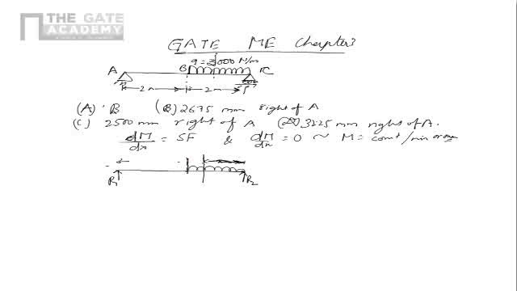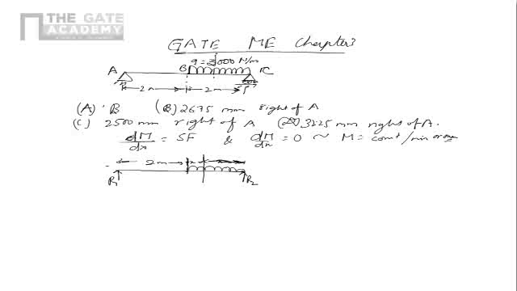I take this 2 meter, and I take another x meter from here, because I have to get the answer from the right, from A. So at this point, what is the total load which is occurring on the beam? It is 3000 into 2, which is 6000 Newton is the total force on the beam.